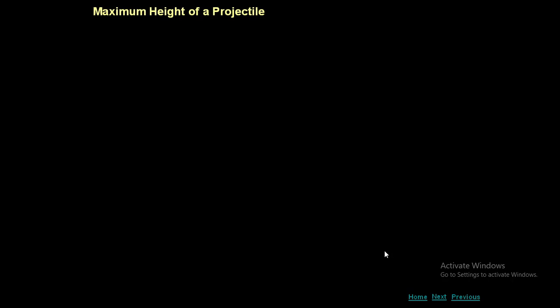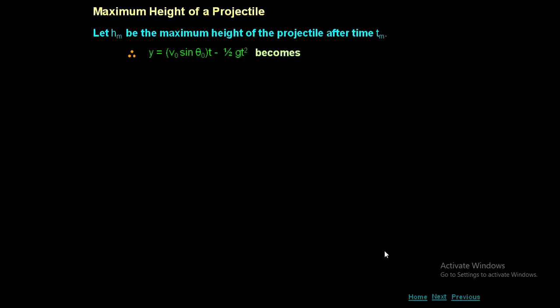Maximum height of the projectile. How can we determine the maximum height? Let hm be the maximum height of the projectile after time Tm. So if you use the equation y equal to v naught sin theta naught into t minus half g t square and substitute the value of Tm in this, you get hm, the maximum height, equal to v naught sin theta naught into, in place of t, the Tm value, v naught sin theta naught by g, minus half into g into v naught sin theta naught by g whole square.